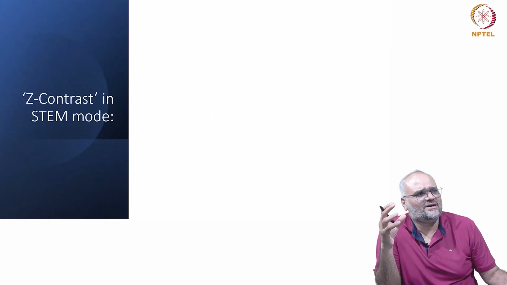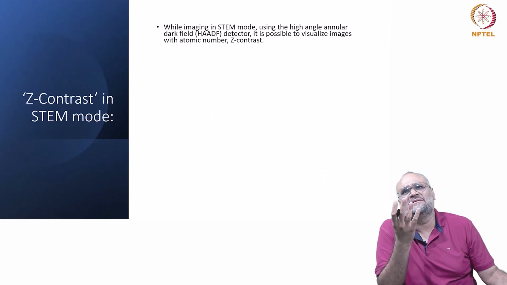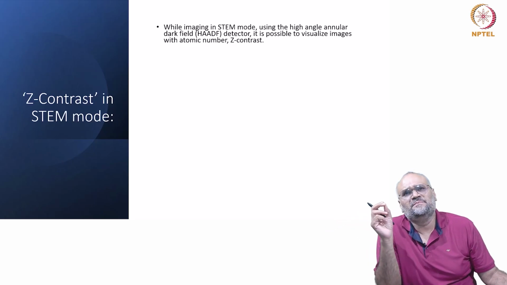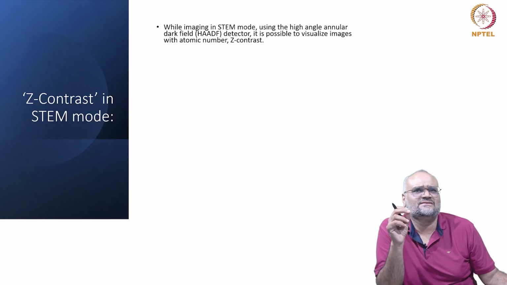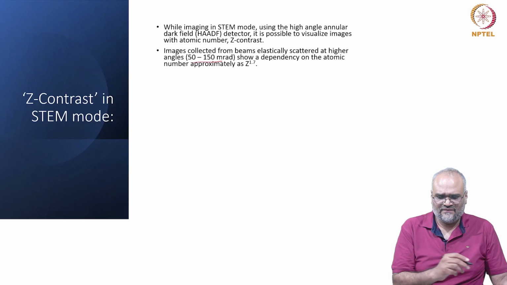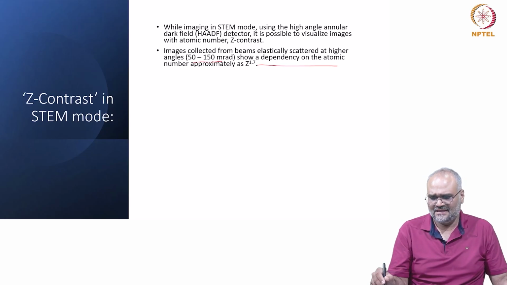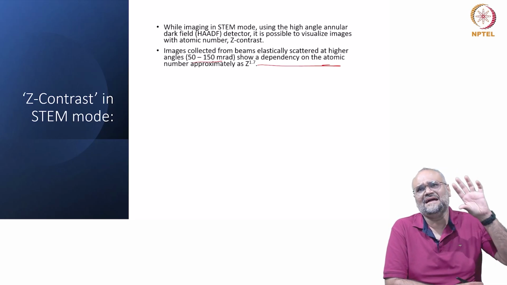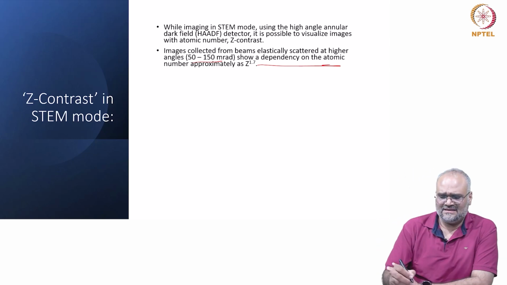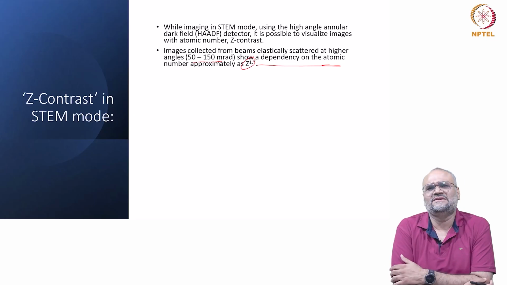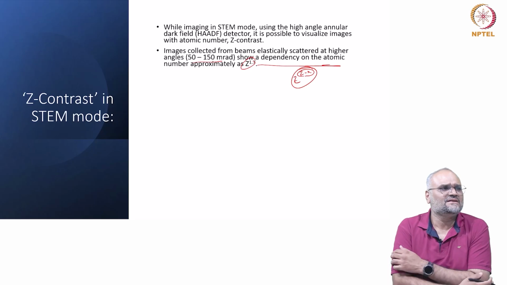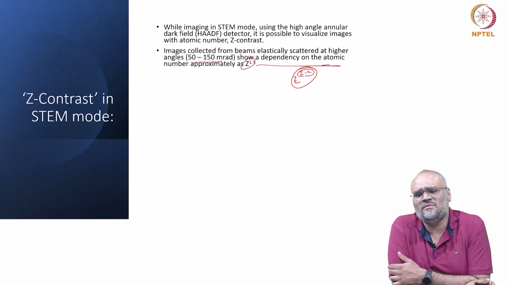There is something else called the Z contrast. When I am imaging in STEM mode with the high angle annular dark field detector, by minimizing or eliminating the diffraction contrast, that is with large collection angles between 50 to 150 milliradians, the intensity I get is proportional to Z to the power 1.7, or people also write it as Z to the power 2 minus x, and this exponent varies depending on which model you are looking at.